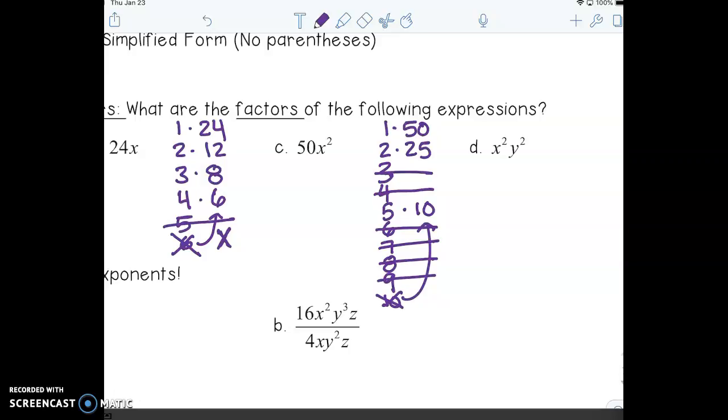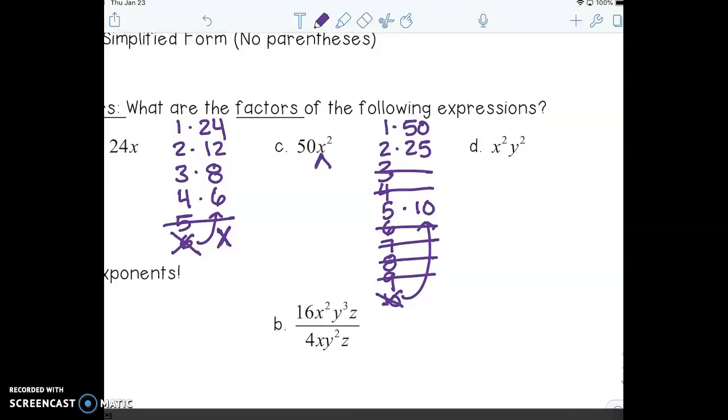But I also need, from here, x times x. Okay? So from here I have x times x and y times y.